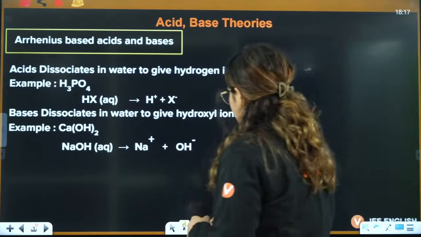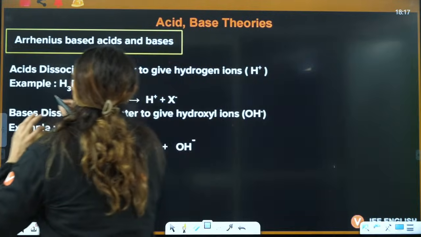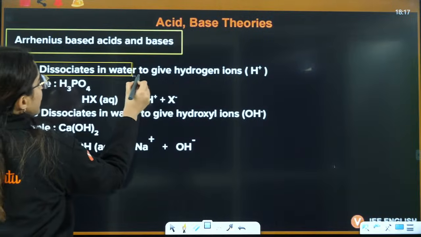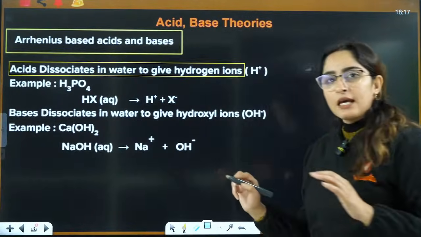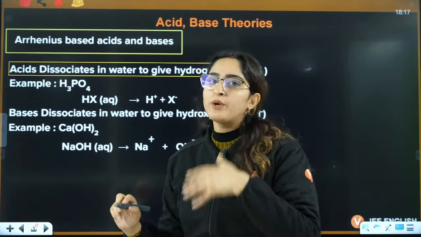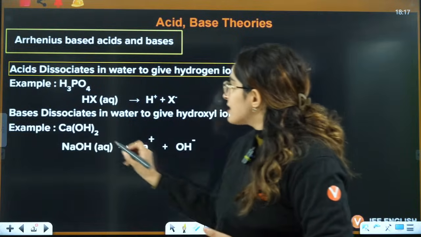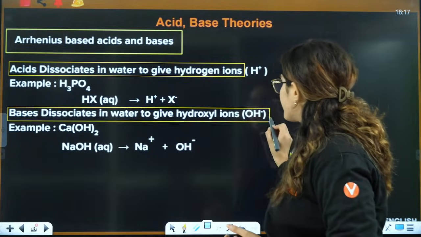Arrhenius said that acid dissociates in water to give H positive ions. When you put any acid in water, it is going to give you H positive ion. And a base in water is going to give you OH negative ions.